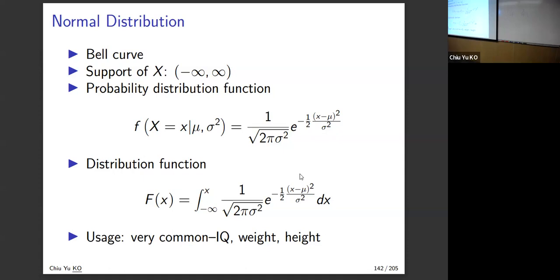You can see there's a pi here, there's e here, so you can assure yourself this is complicated enough. And I hope the two familiar symbols you can see are mu and sigma square. Mu is actually the mean, and sigma square is actually the variance. So these are the two numbers that characterize the bell. For every bell, you really need to know the mu and sigma square. That's it. I'll talk about this more.